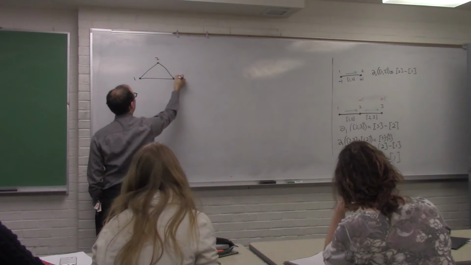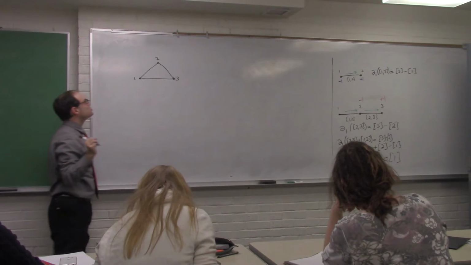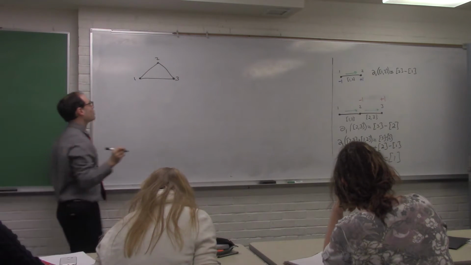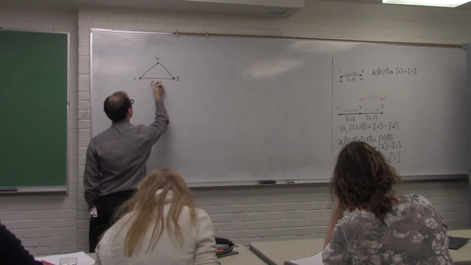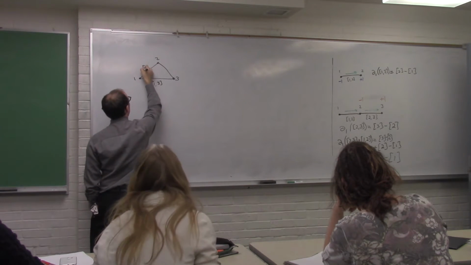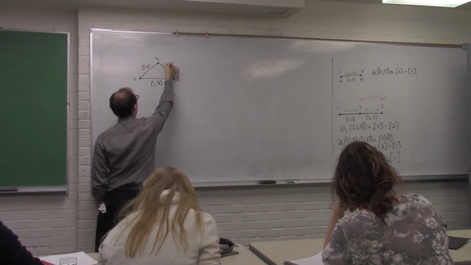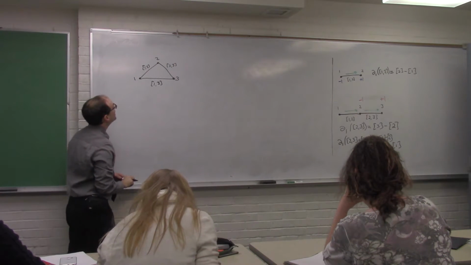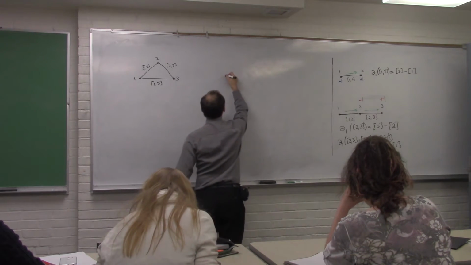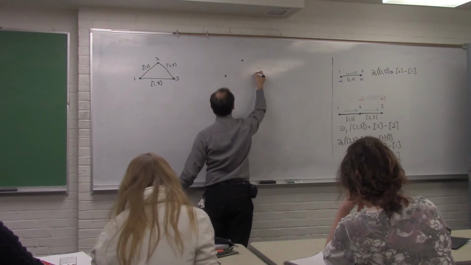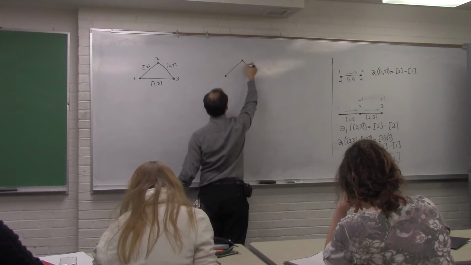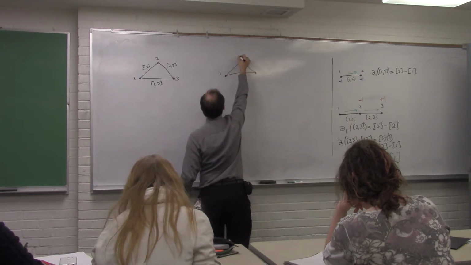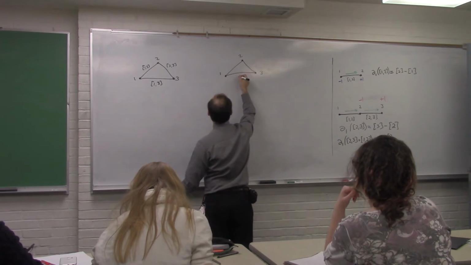1, 2, and 3. And here I'm going to choose lexicographical ordering. So this is 1, 3. This is 1, 2. And this is 2, 3. And I'm also going to look at this one.